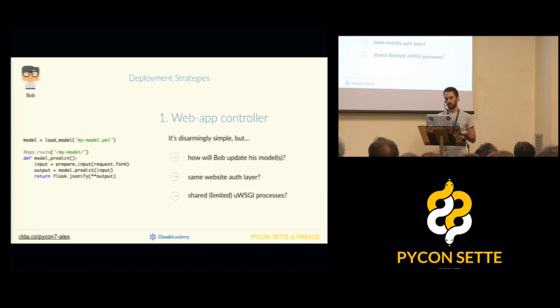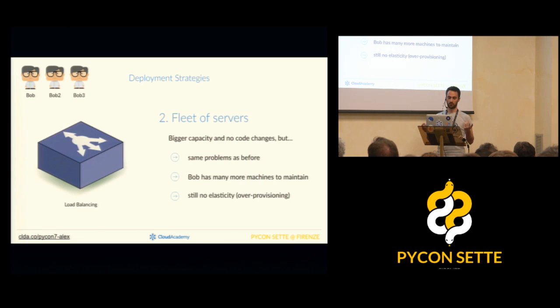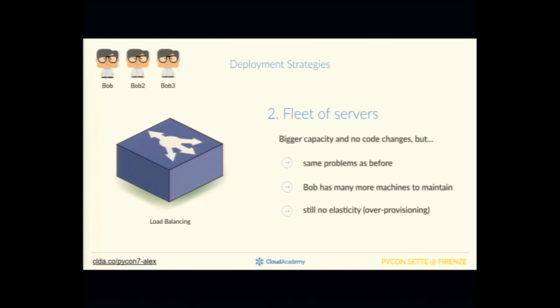And the first thing you can do is, let's add more servers. Let's add more processes. Let's add more capacity to the system. That's what you usually do in a web application. You want to scale up. So now we have better capacity. We didn't change the code. Looks good. We still have the same problems like model update and versioning and staging.